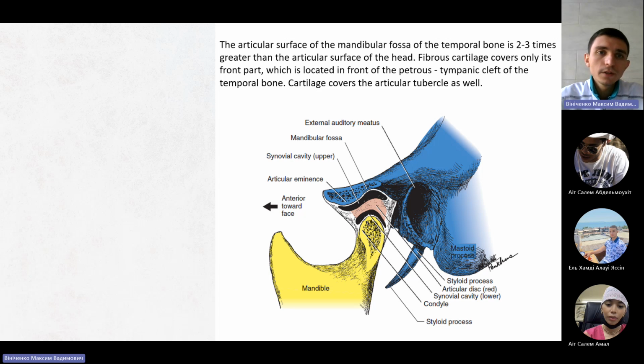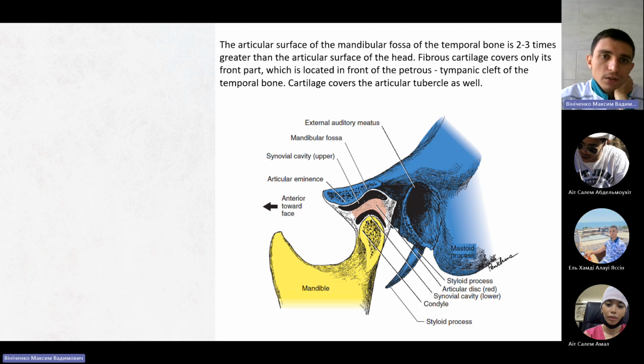The articular surface of the mandibular fossa of the temporal bone is 2-3 times greater than the articular surface of the head. Fibrous cartilage covers only its frontal part, which is located in front of the petrotympanic fissure of the temporal bone.